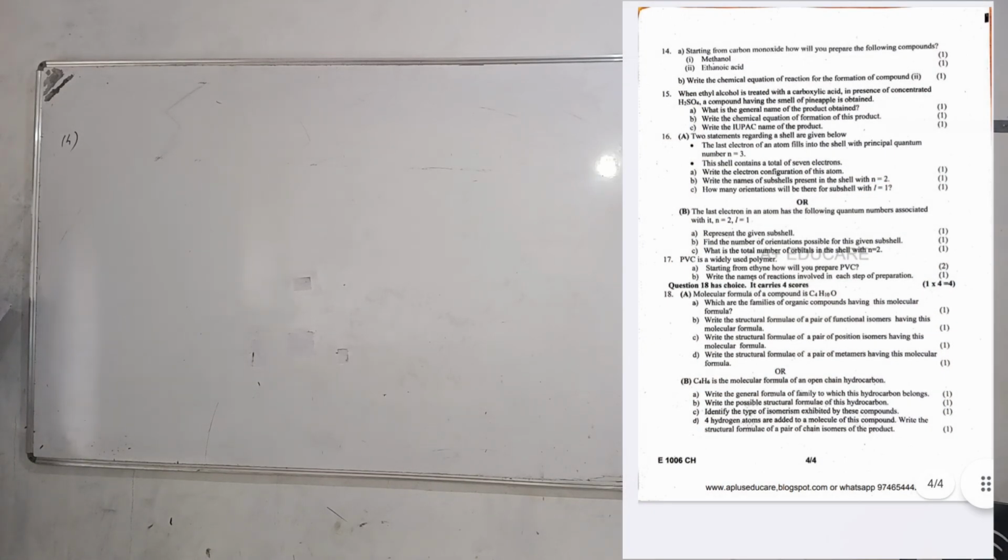Question number 14. Starting from carbon monoxide, how will you prepare the following compounds? 1. Methanol and ethanoic acid.